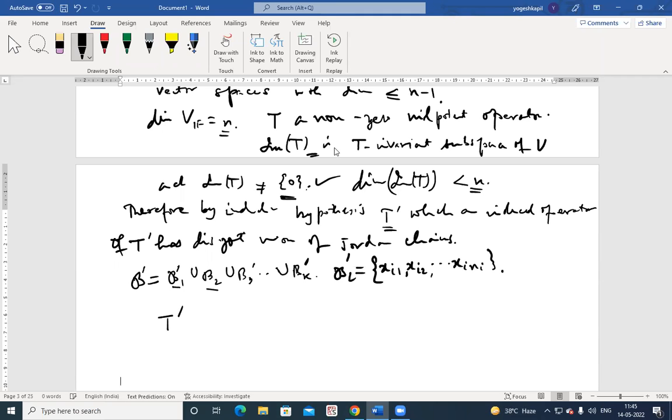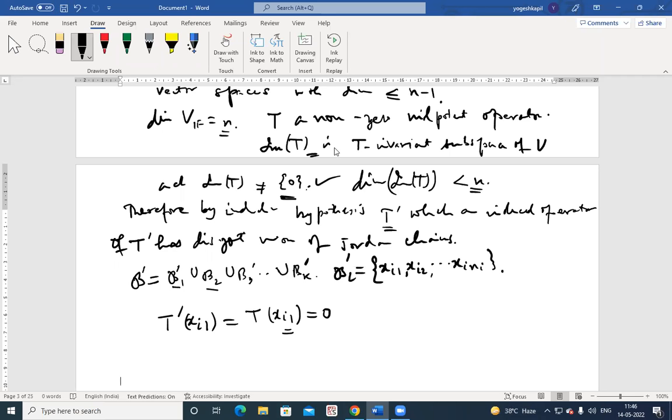T dash applied on xi1 is the same as T of xi1, which is certainly 0, because by the definition of Jordan chain, the first vector is an eigenvector.